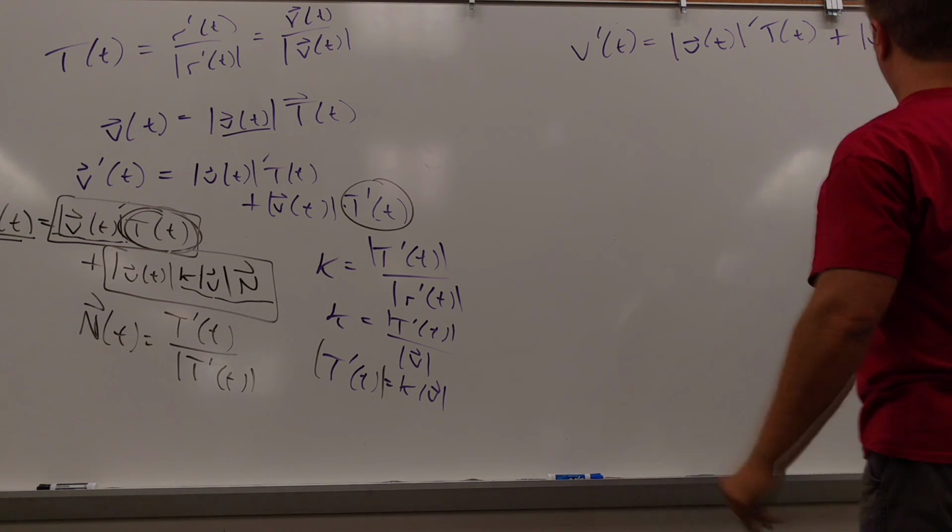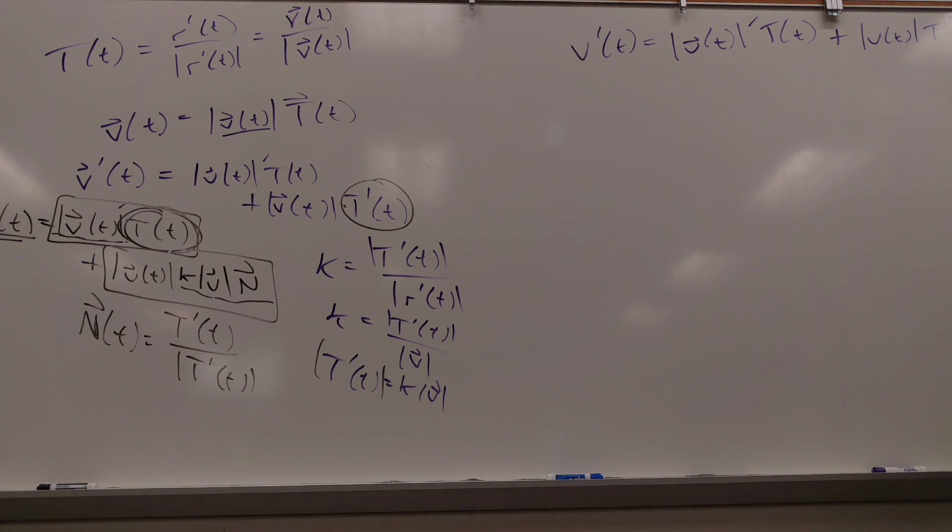Okay. So we figured out that T prime is like kappa times the length of the velocity, right? Kappa times the velocity. And T prime, the full vector, not the length of it, but the actual vector, is equal to the normal times the length.